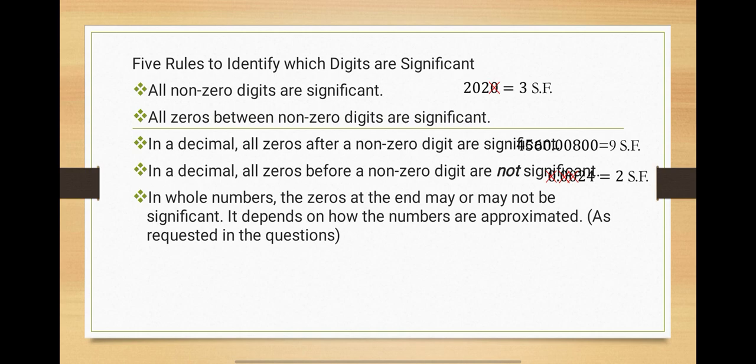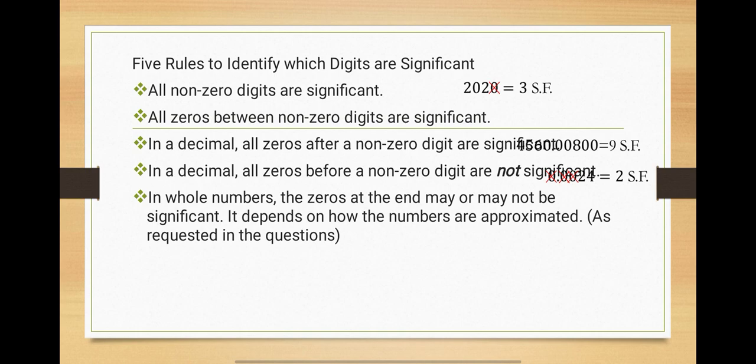And then for the third rule: in a decimal, all zeros after a non-zero digit are significant. Actually, on the screen we can see a minor technical issue.